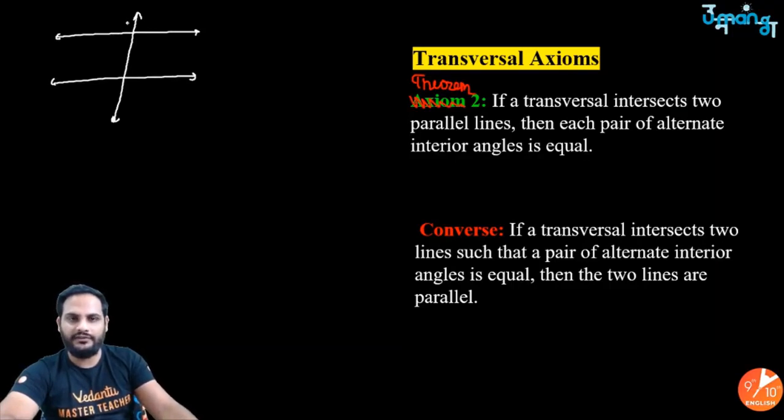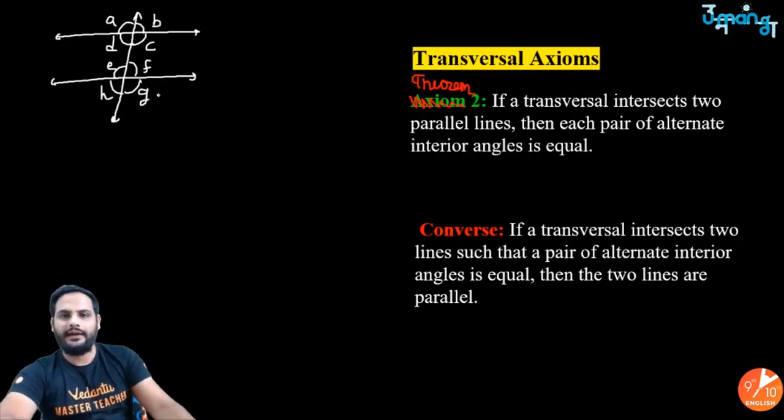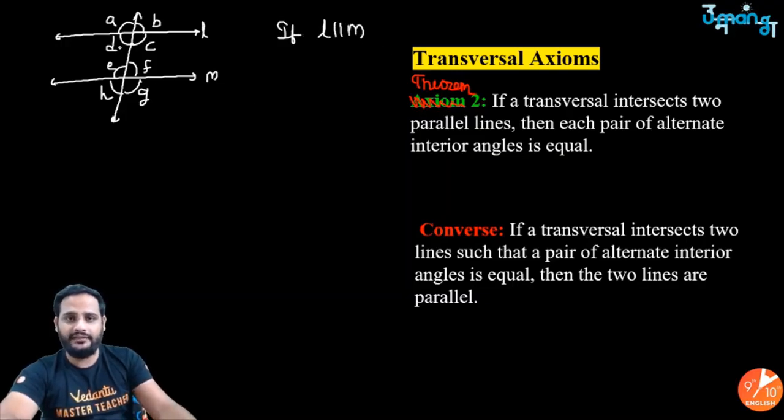So let us say it is A, B, C, D, E, F, G and H, and L is parallel to M. If I give you L parallel to M, interior means inner angles and alternate means on the opposite side of the transversal.